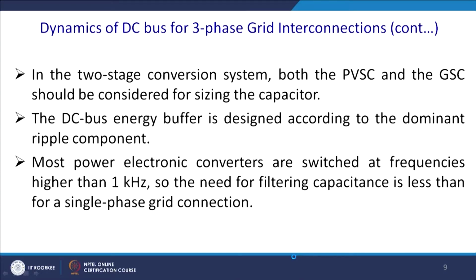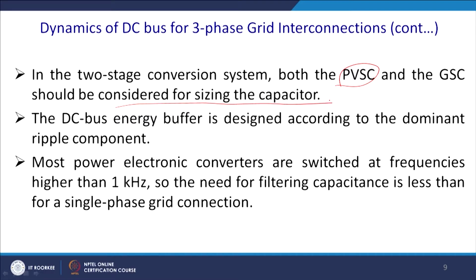So, generally up to 5 kVA we allow single phase, and above that we allow the 3 phase. In case of the 2 stage conversion system, both the PV side converter and the grid side converter can be considered for sizing the capacitor.